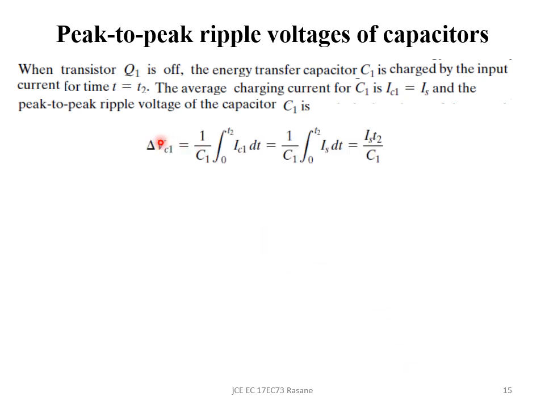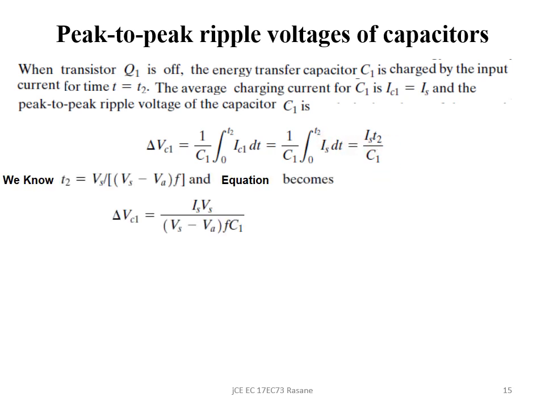We know the voltage across a capacitor is 1 upon C integration of the current. So IC1 into dt from 0 to T2. Substituting 1 upon C1, and this IC1 is nothing but the input current IS into dt, so this comes out as IS into T2 upon C1.